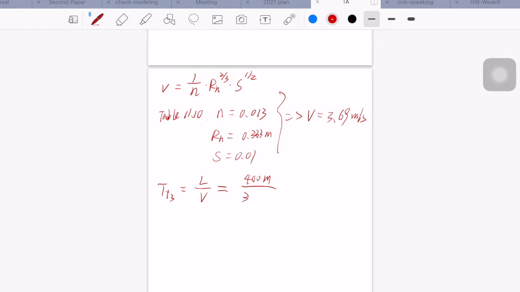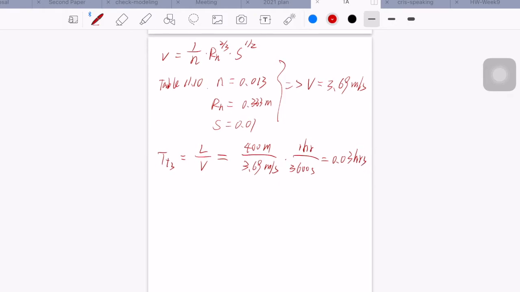So Tt3 should be equal to L over the V equals 400 meters divided by 3.69 meter per second times 1 hour divided by the 3600 seconds. So we can determine that the Tt3 equals 0.03 hours.